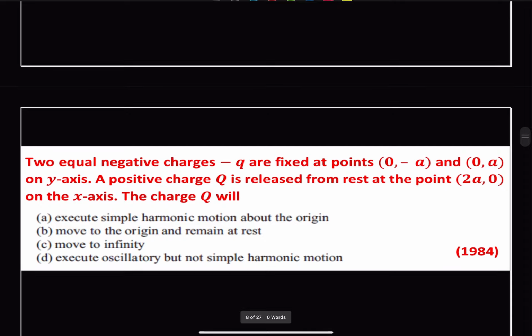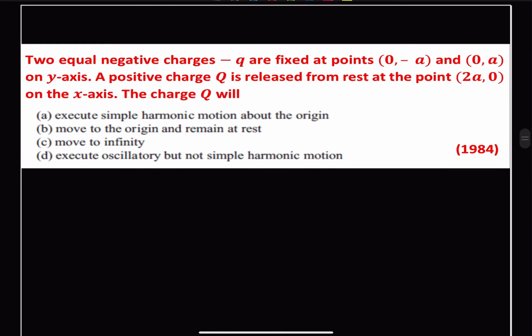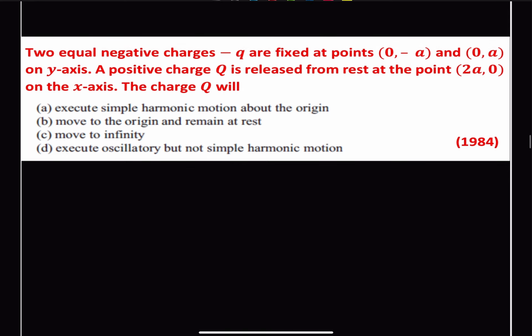Next question, and it states that it was asked in the year 1984, and it says that two equal negative charges minus Q are fixed at 0, minus a and 0, plus a on the y-axis.